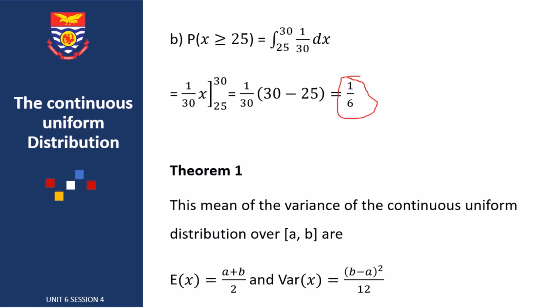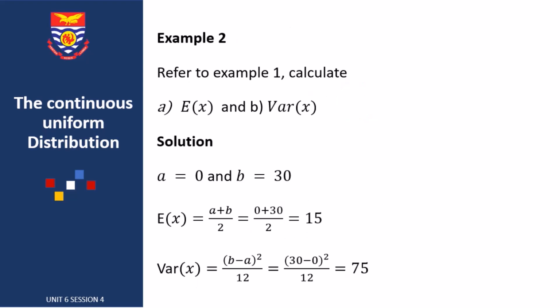So let's now deal with the same example and solve another example. In example 2, we refer to example 1. If you have to calculate the expectation and the variance, what will be the solution? Remember that our a for the closed interval is 0 and b is 30. Finding the expectation, that's (a plus b) over 2, which is 0 plus 30 over 2, simply giving us 15.